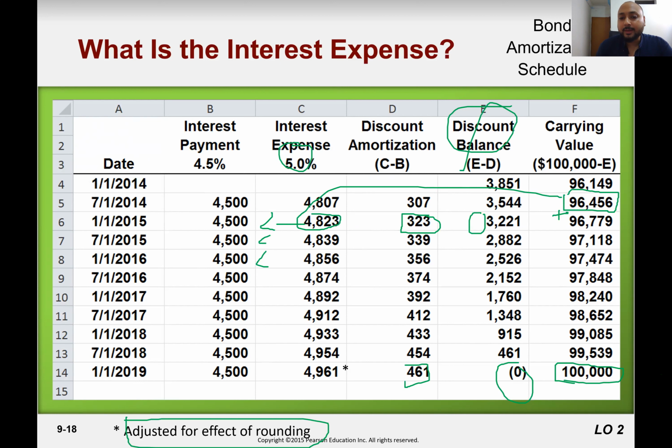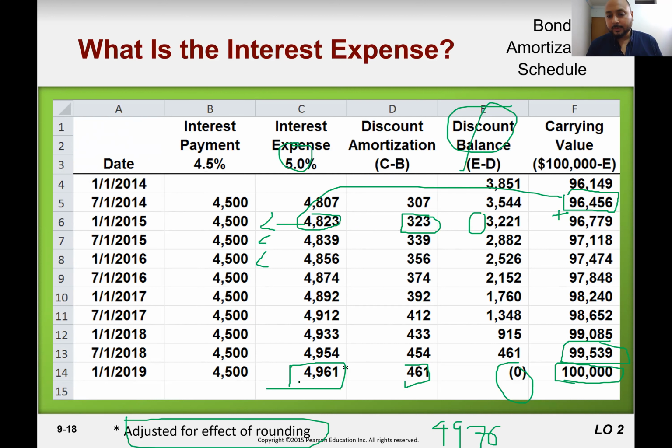Right? So where this 4,961 is coming from: if you multiply 99,539 multiplied by 0.05, it is 4,976.